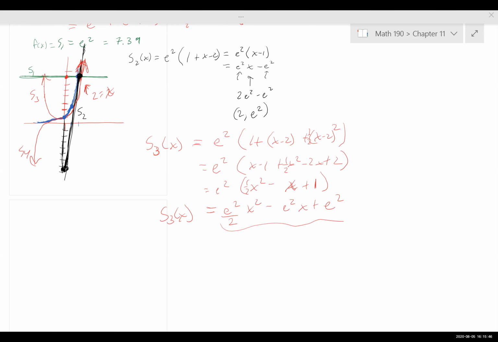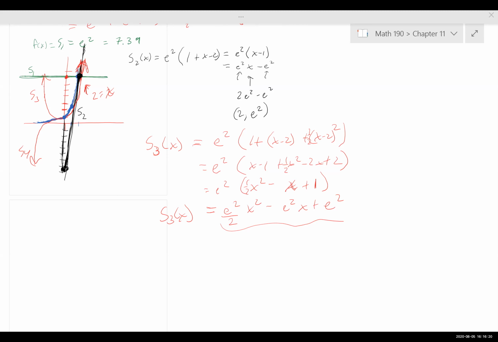E squared plus the first derivative, so this is going to be e squared times x minus 2, raised to the first power, plus, and this is going to be e squared over 2.